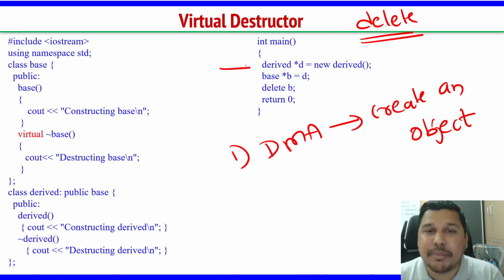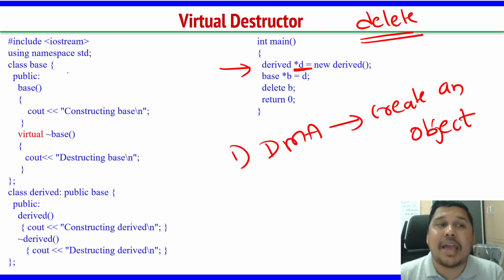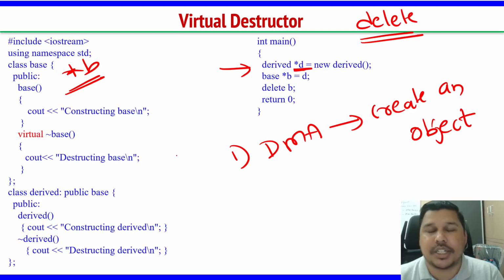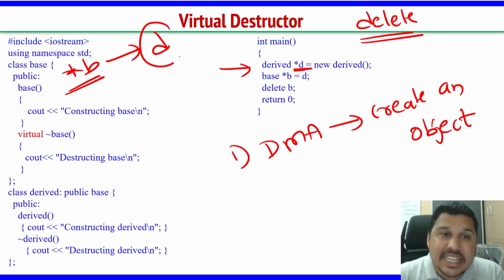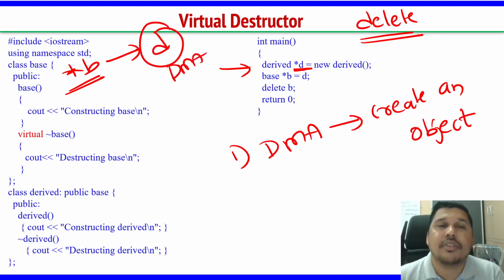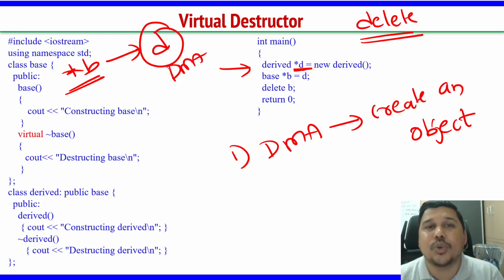Okay, so we have dynamically allocated memory for the child class object, that is D. Later, for the parent class, I am creating a pointer variable, which is assigned the value D. This is created through DMA.